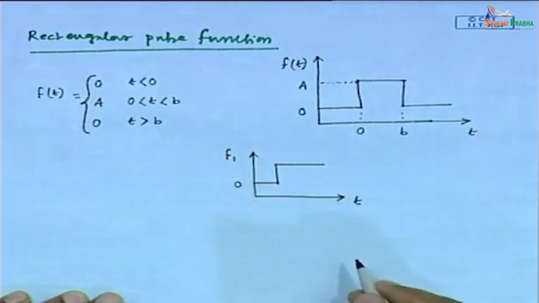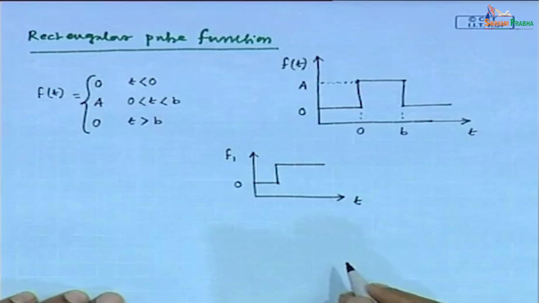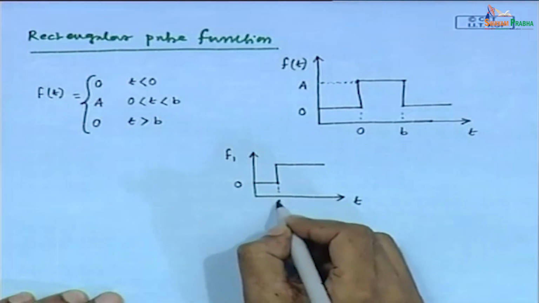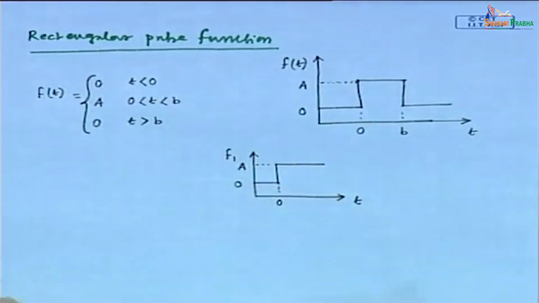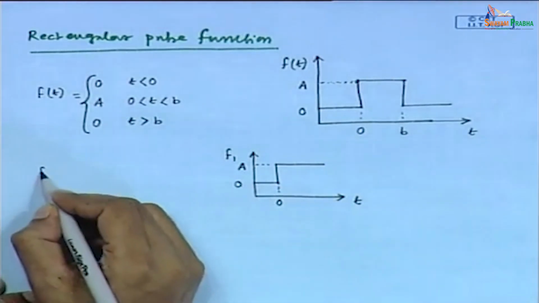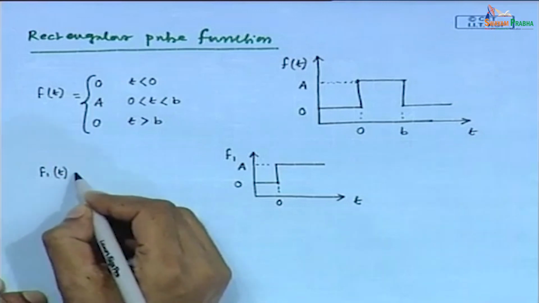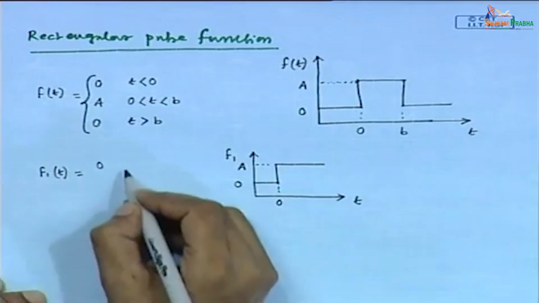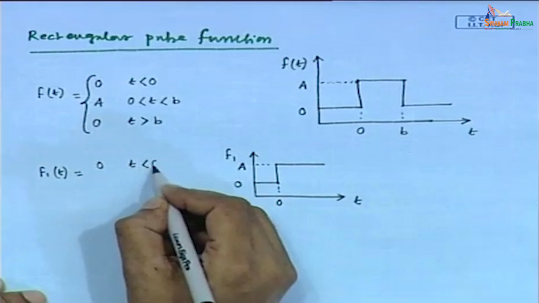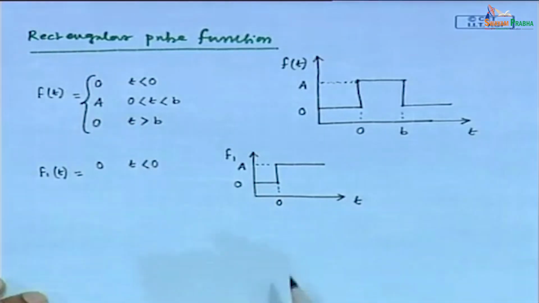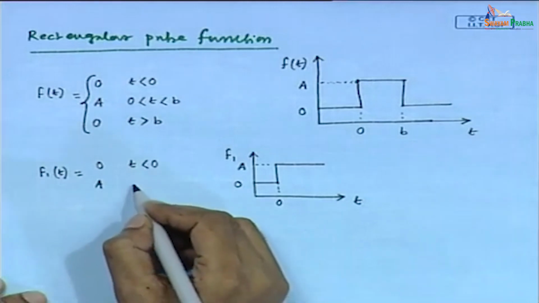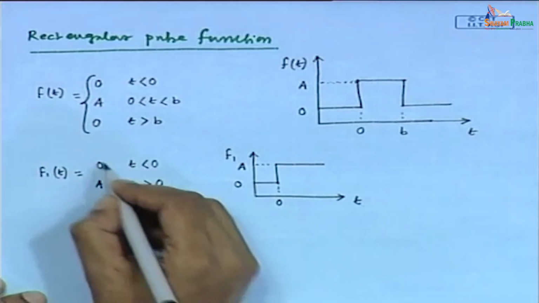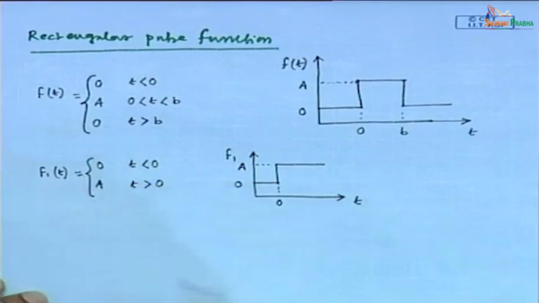Initially it is at 0 level, this is 0 and this quantity is f. So, f1 t equal to 0 when t is less than 0, and this is equal to A when t is greater than 0, fine.